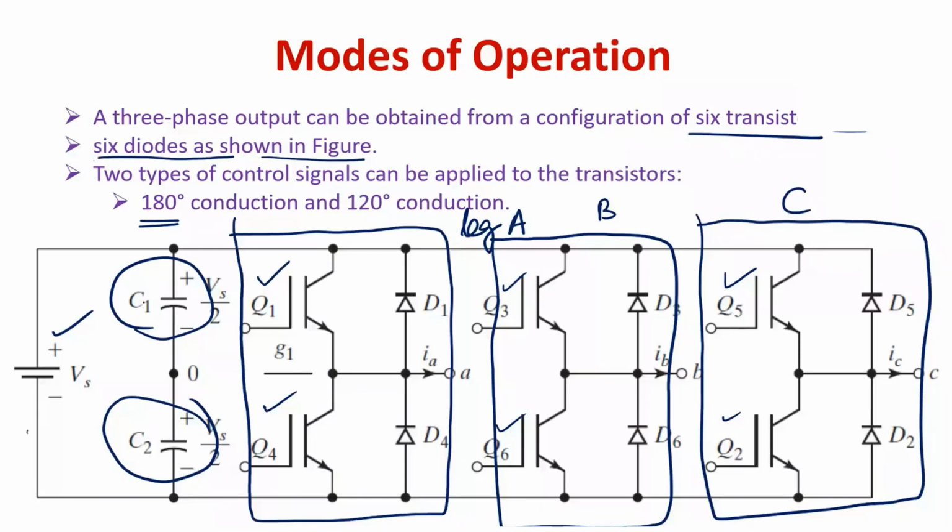So, if the switches conduct for 180 degrees, then we say that the conduction is 180 degrees conduction. If the switches conduct for a period of 120 degrees, then we call it 120 degrees conduction.